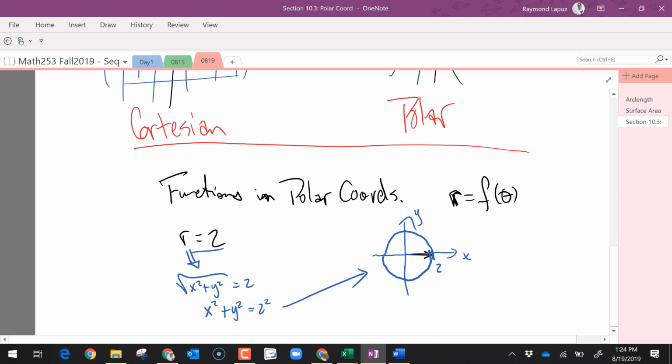So again, there's a relationship between x's and y's, Cartesian and polar coordinates, whether you're looking at just points or a whole equation relationship. And then the graph should be the same. All right?